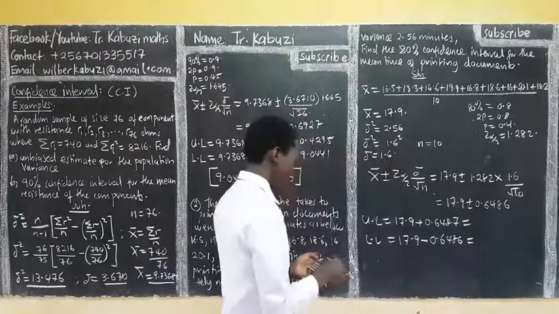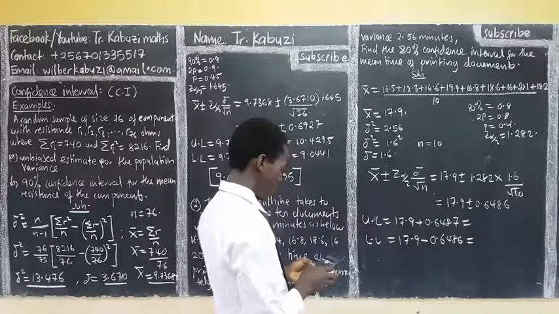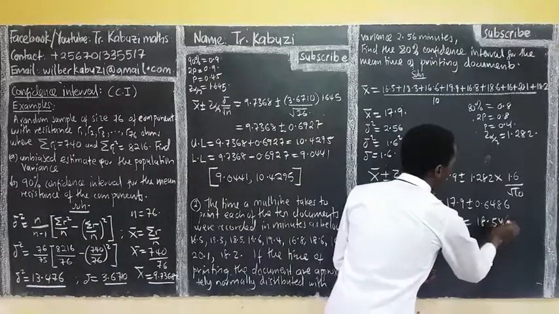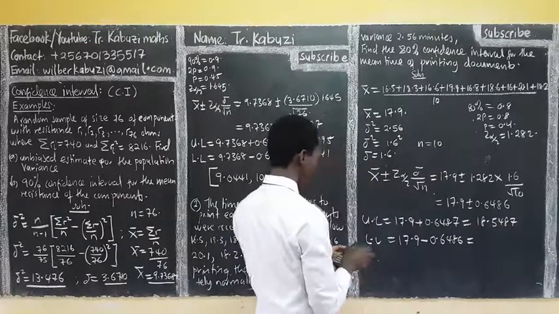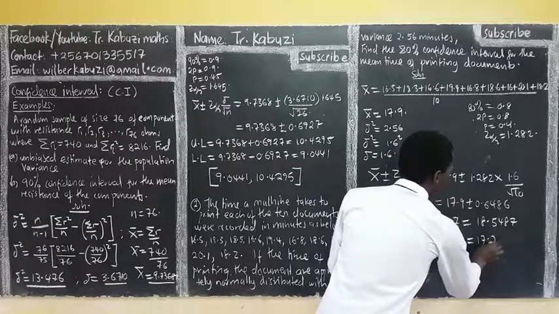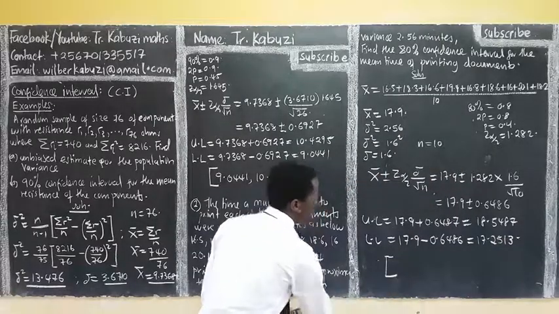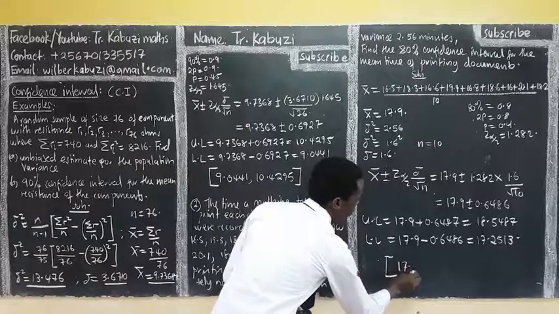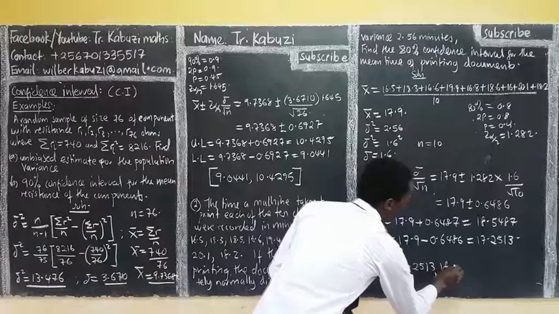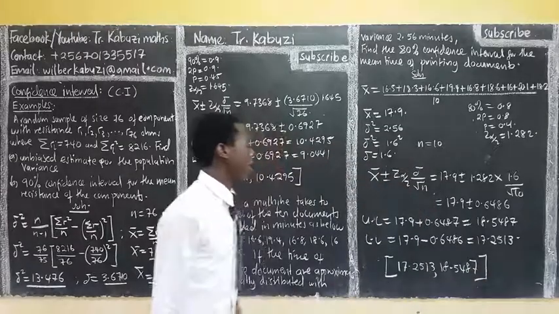The answers we get are 18.5487 for the upper and 17.2513 for the lower. So I have 17.2513 to 18.5487. Now I'm going to pose a question.